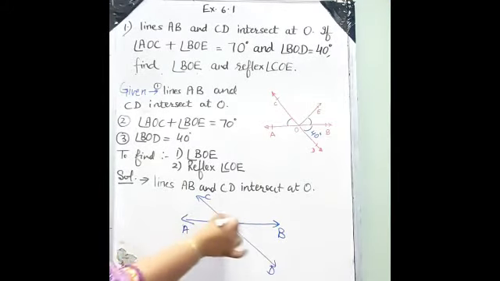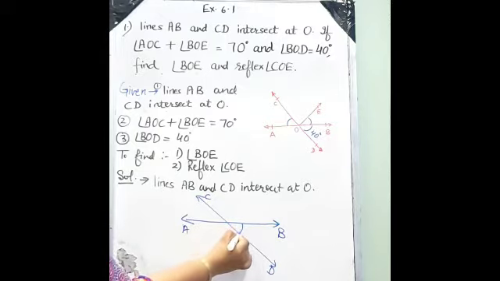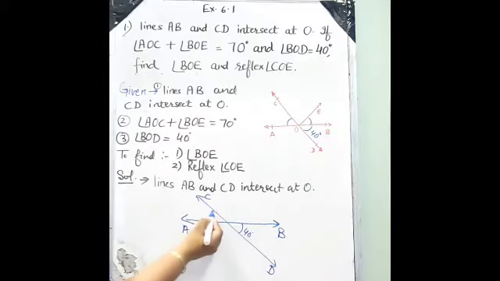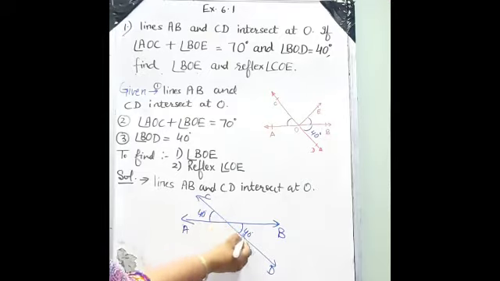And whenever two intersecting lines are given, then pair of vertically opposite angles are equal. It means angle BOD equals angle AOC because both are vertically opposite angles.